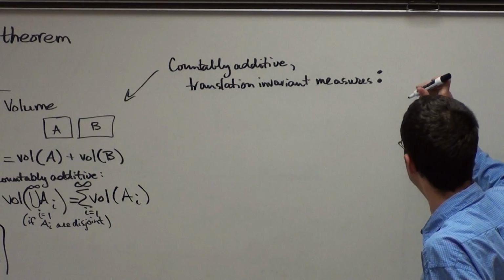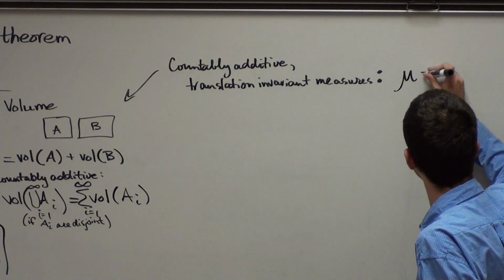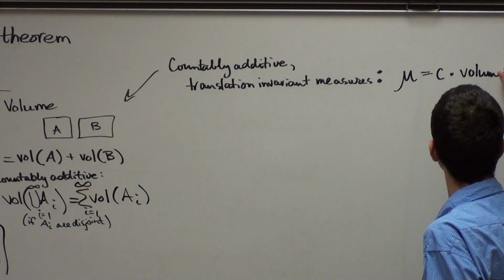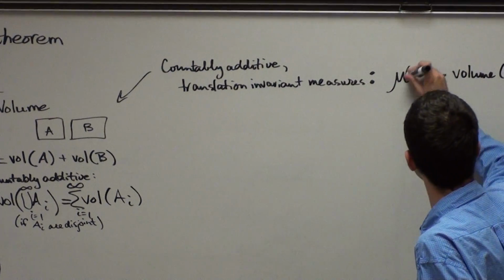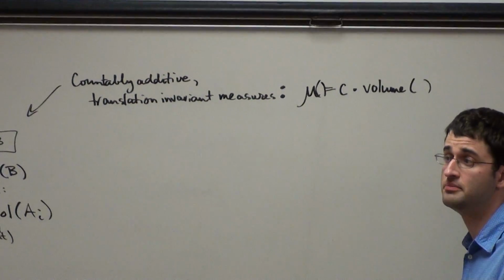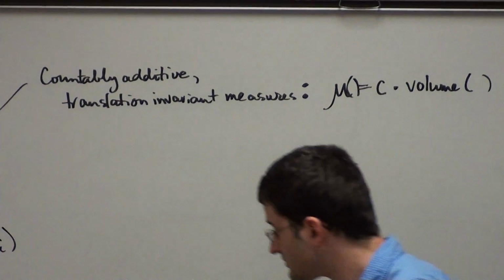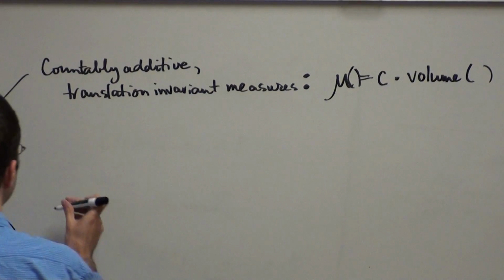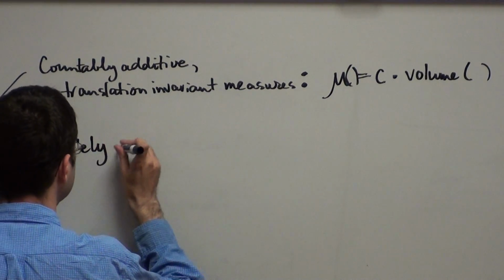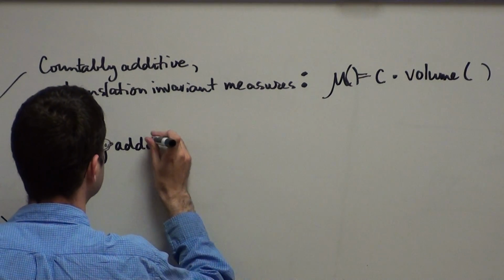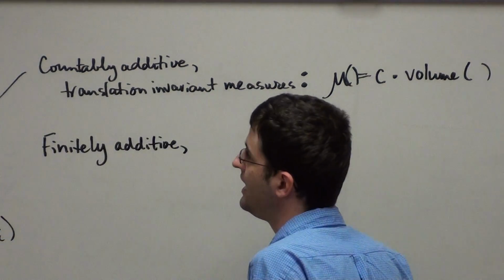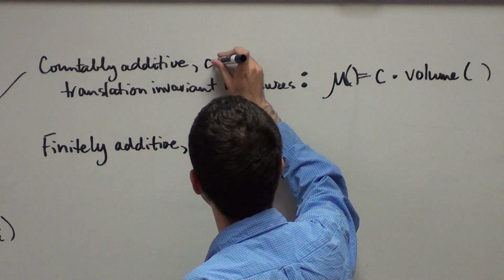There's basically the volume. So your measure of your set is some constant times the volume. For finitely additive measures, okay, and I should put continuous.